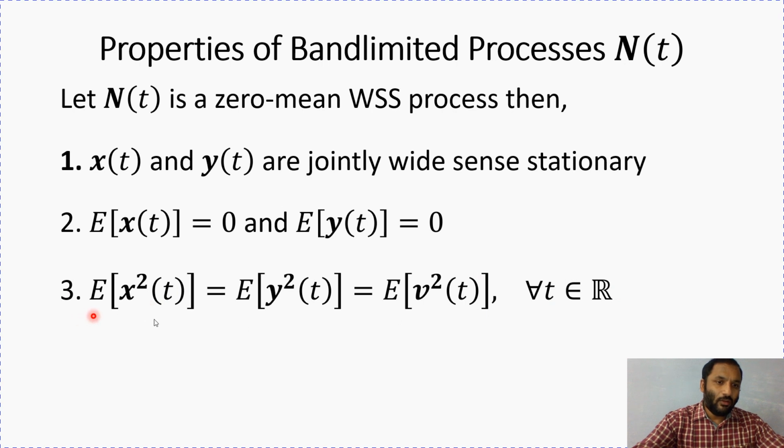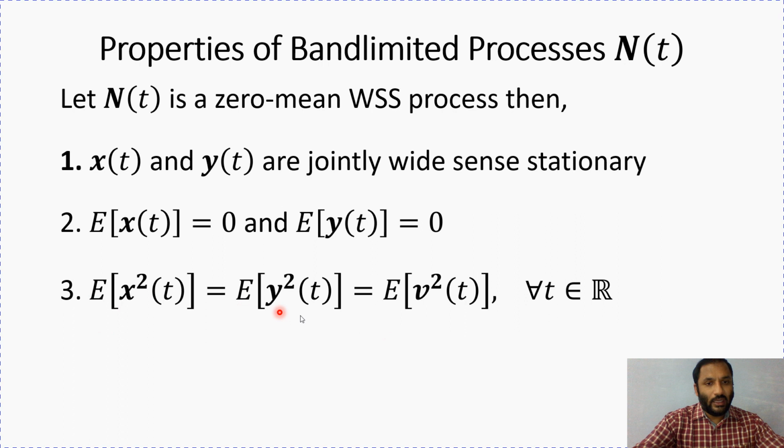Normally, the outcome of this is that we would have one average signal, an average of the random process. According to this property, the average of the squares of the random process is equal for all three processes.